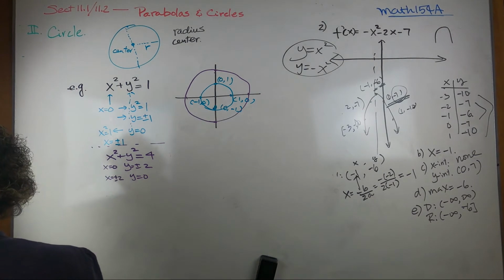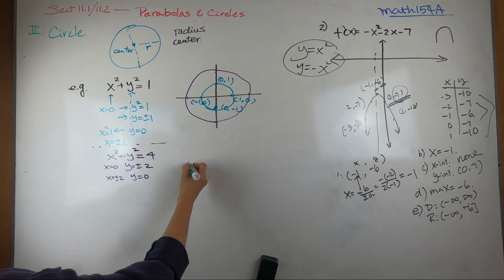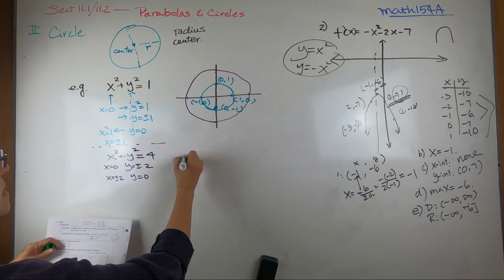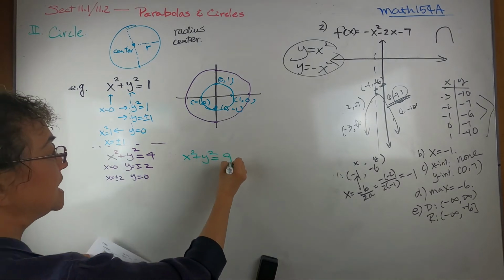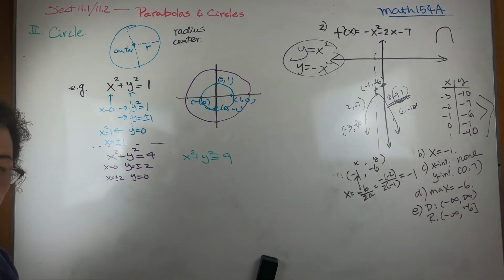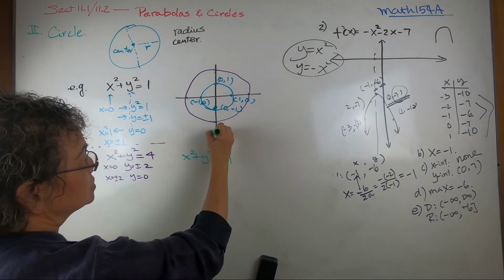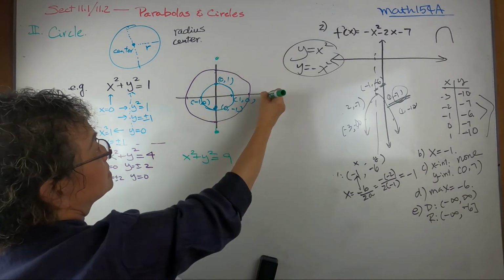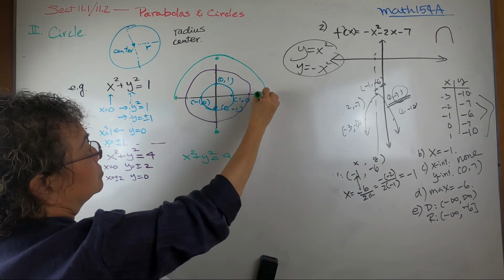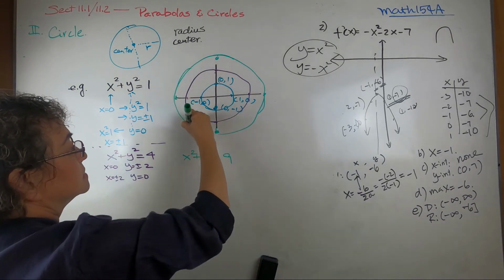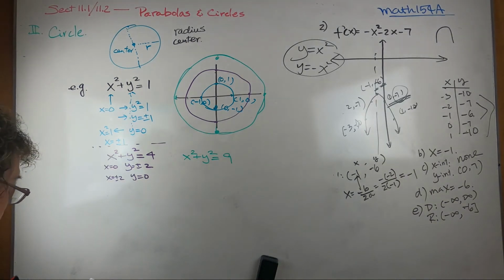Okay? And if you have, say, x squared plus y squared equals 9, what do you think it ends up? When x is 0, y would be 3, right? So it would be here, here, here, here. It will look like this when x squared plus y squared equals 9.